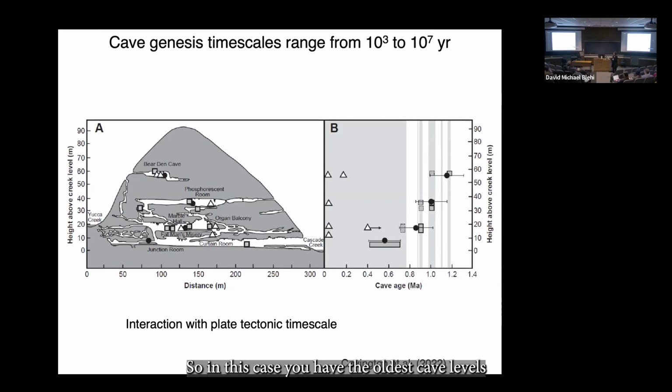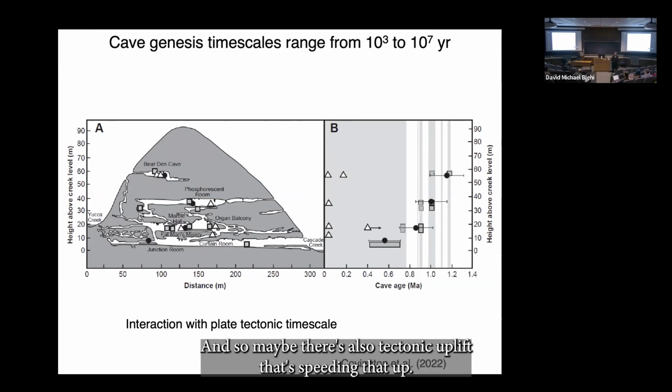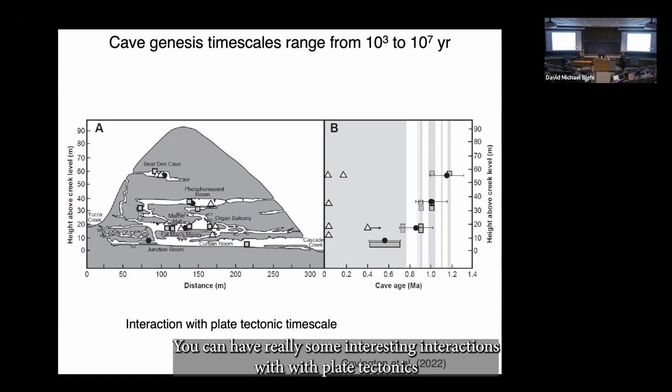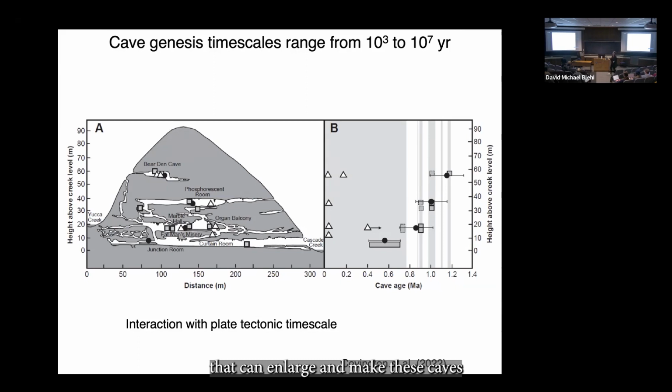So in this case, you have the oldest cave levels higher up, and you have a downcutting fluvial system here. And so maybe there's also tectonic uplift that's speeding that up. You can have some really interesting interactions with plate tectonics that can enlarge and make these caves form more quickly.